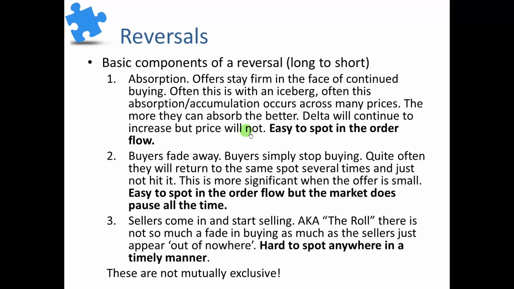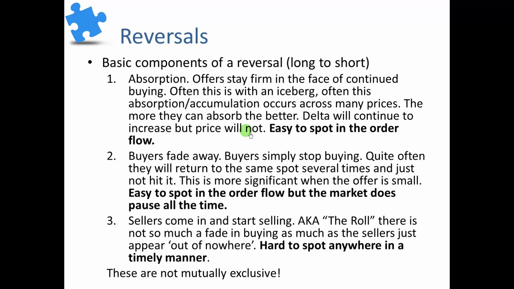The ceiling will either be too thick when we get there, or as buying eats the ceiling, we see more limit orders come in, and the ceiling is actually building up as the buying is consuming the ceiling. And this rebuilding of the ceiling as it's being consumed is what's known as an iceberg order.